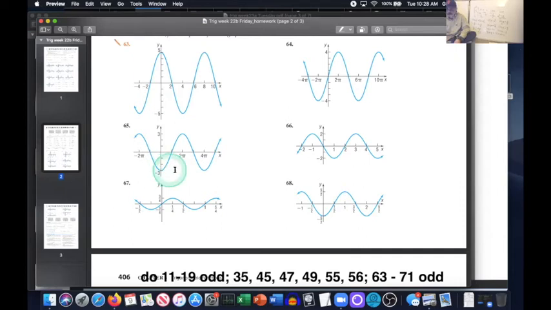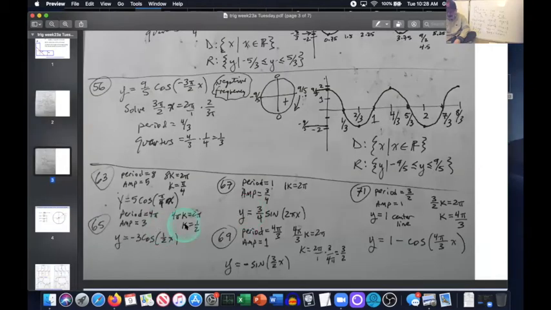And the width of one cycle looks like it goes from 0 to 4 pi. So that's why I went ahead, okay, 4 pi times what would equal 2 pi? So you're doing the same thing as finding the period, but solving for k. All right, so that's the frequency.